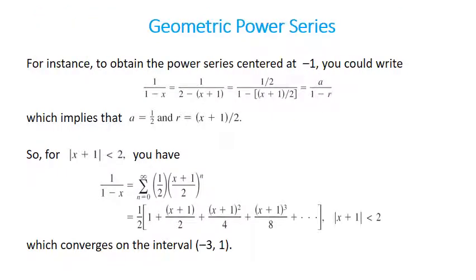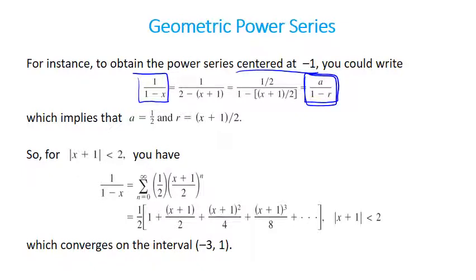So suppose now I have a power series centered at something other than 0. Suppose I have this centered at 1 instead. So this here can be written in the following way. So this resembles what we had, or what we wanted.